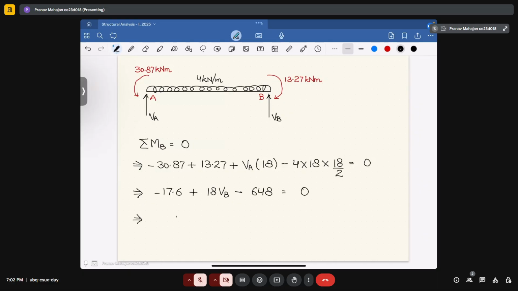Now if you solve for VA, I have written it wrongly here, VA. So if you solve for VA, you will get the value of VA as 36.9778 kilonewton.